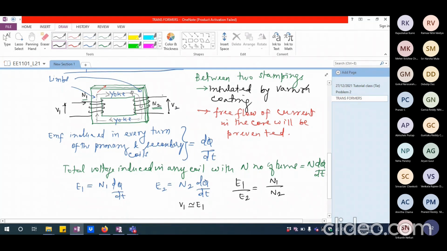If there is no current at all in the secondary side, I'm not going to see any voltage drop. So I should say E2 and V2 are exactly equal to each other when no load is connected in the secondary.